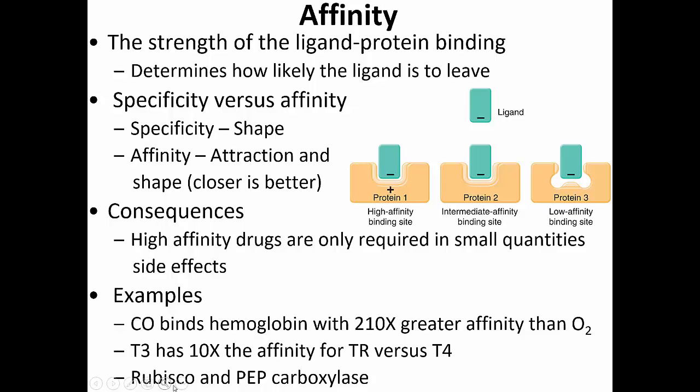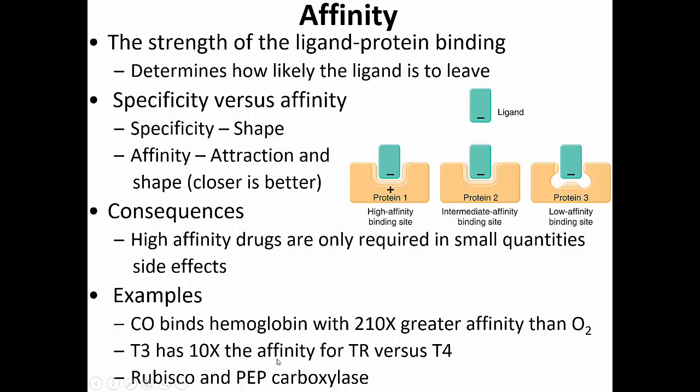But interestingly, Rubisco has a very low affinity, or at least a relatively low affinity for carbon dioxide. And so PEP carboxylase is an enzyme that's found in C4 plants and allows these C4 plants to close their stomata and continue to conduct photosynthesis, which allows the C4 plants to live in dry conditions.